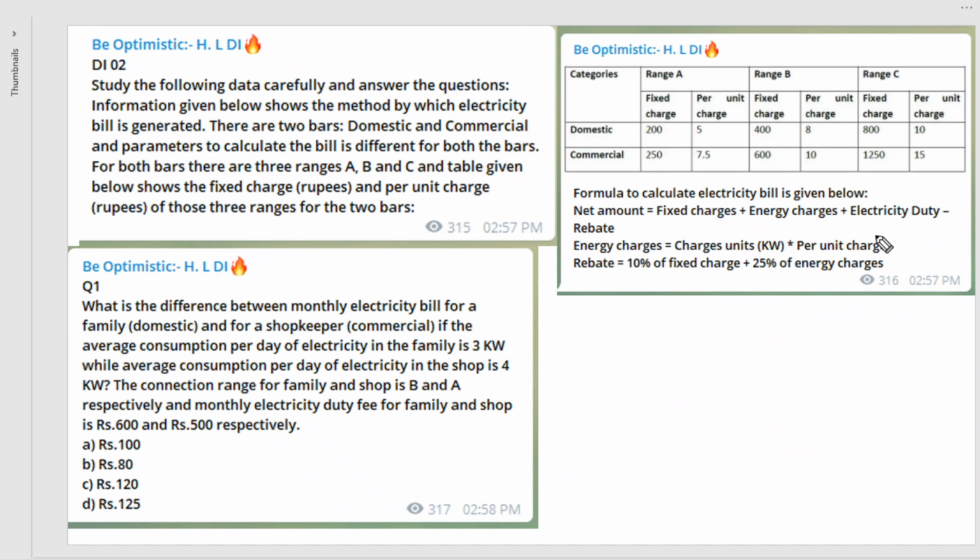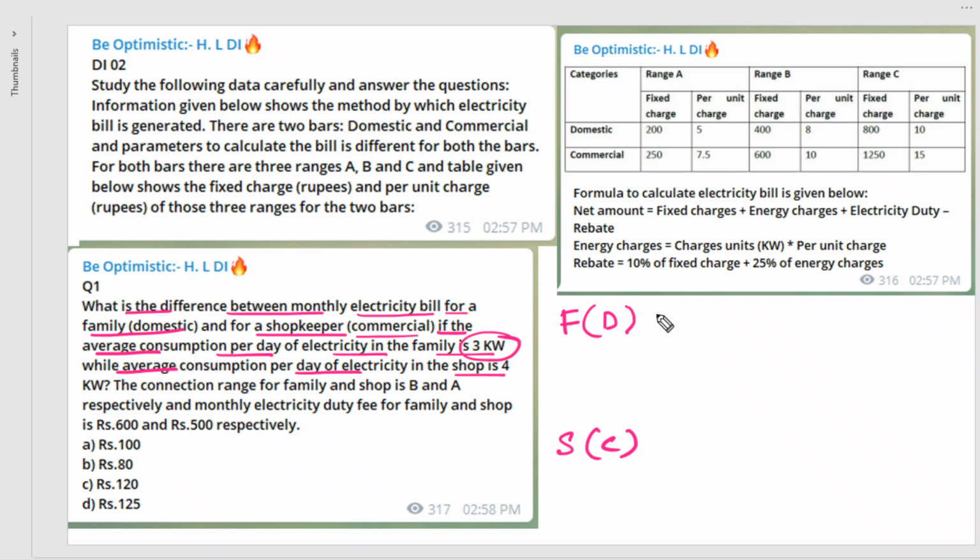Question number 1 says: what is the difference between the monthly electricity bill for a family, that is domestic, and for a shopkeeper, that is commercial? If the average consumption of electricity per day in the family is 3 kilowatt, while the average consumption per day in the shop is 4 kilowatt.